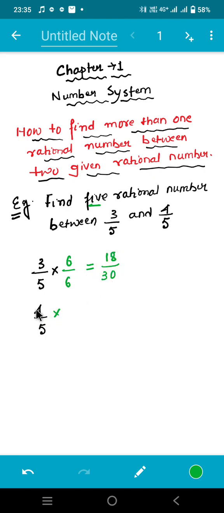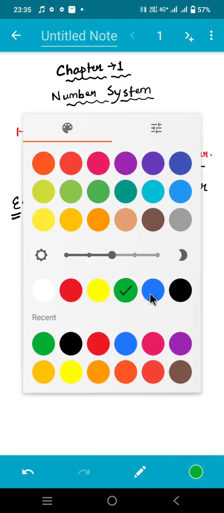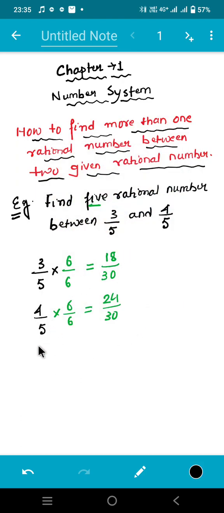The same thing you will do with the other rational number. Again you multiply with 6 both the numerator and the denominator. So in this case you will get 24 and 30. Now between 18 by 30 and 24 by 30 you have to write five rational numbers. So you will write these two rational numbers first, 18 by 30 and 24 by 30.